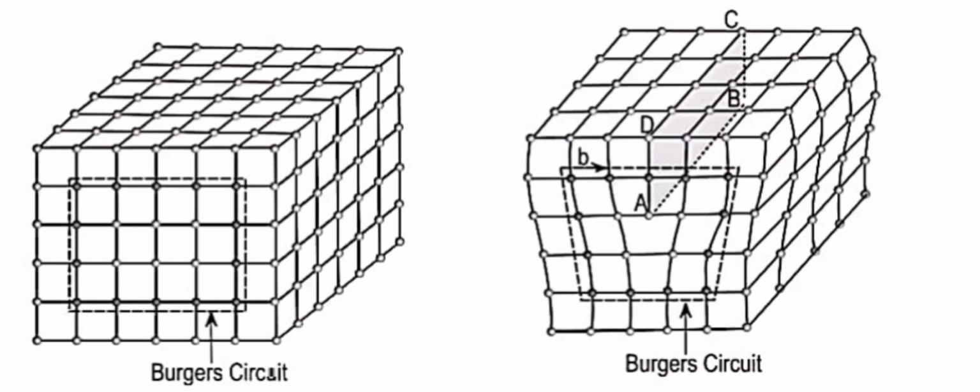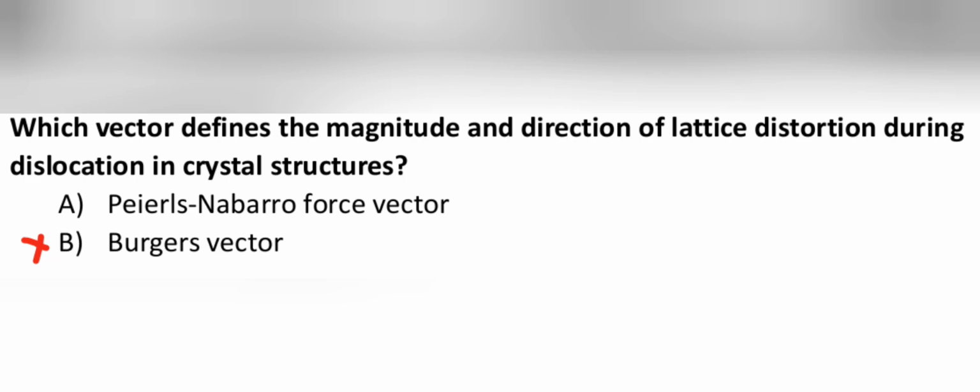As you can see from the second figure, there is a small letter b. That vector is the Burgers vector, represented by magnitude and direction. So among these options, the vector which represents the magnitude and direction of lattice distortion is the Burgers vector, because I can interpret it from this given Burgers circuit. So the answer is Burgers vector.